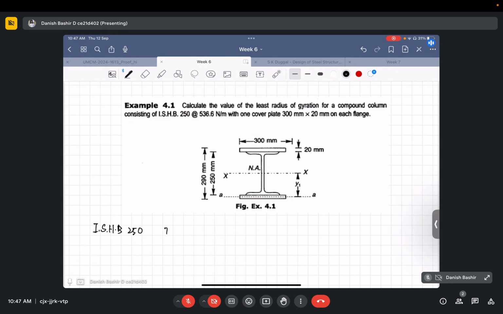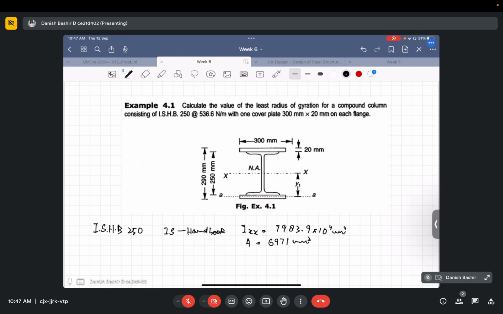From the IS handbook, Ixx is 7983.9 into 10 power 4 mm power 4, and its gross area of cross section is 6971 mm square. Okay, we keep this in mind.